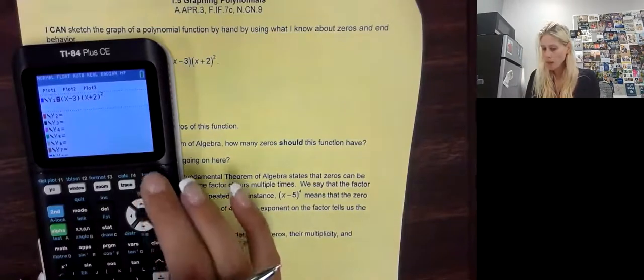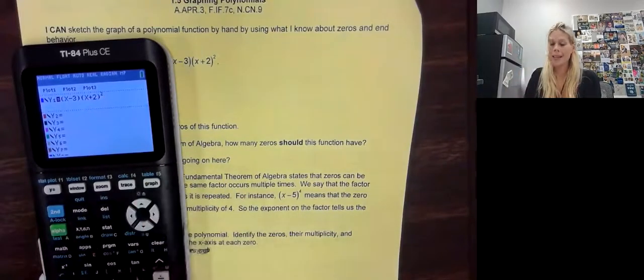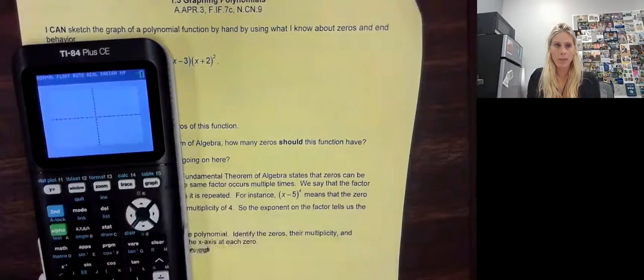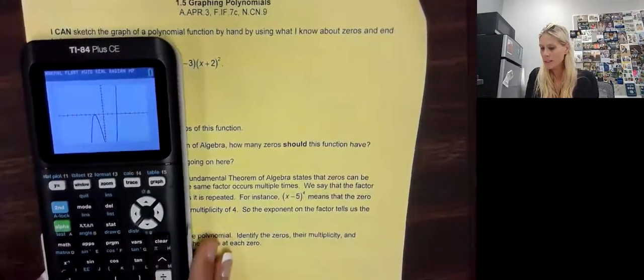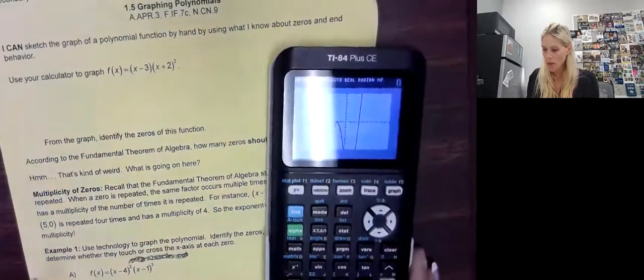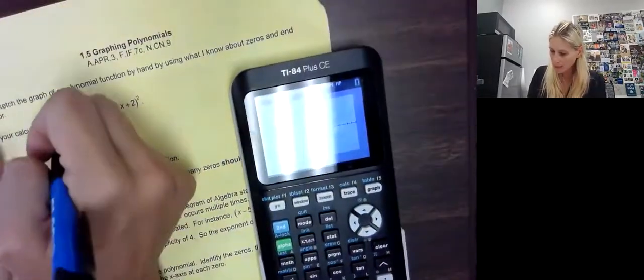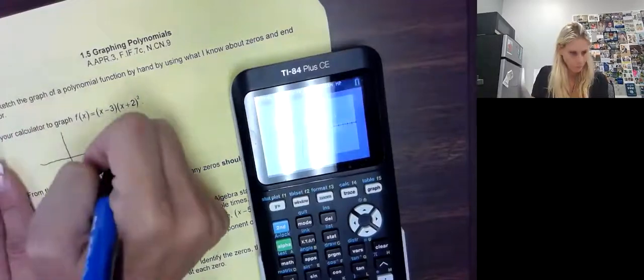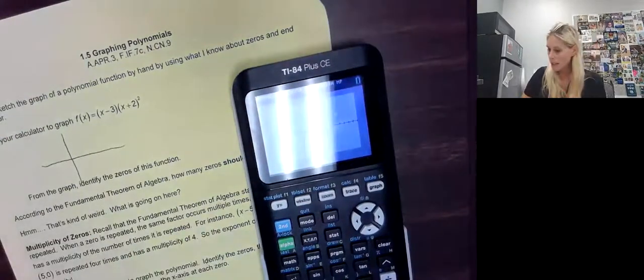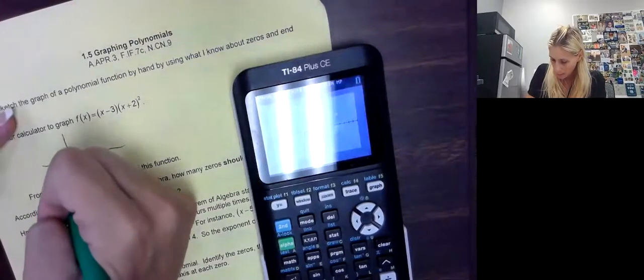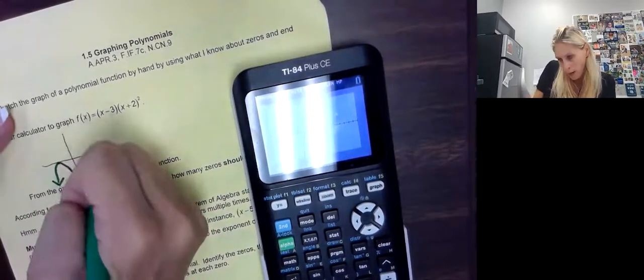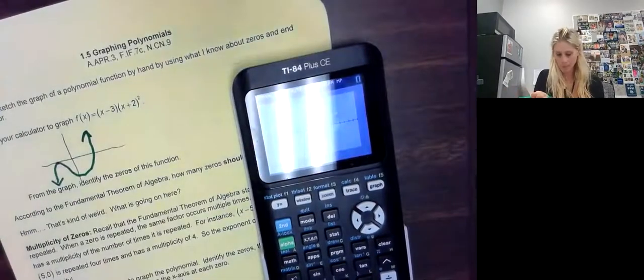Now, my window, by the way, is set to -10, so let's see if that fits. As you can see right here, that doesn't fit the total graph, but if I were to sketch it, it would look something like this, and it comes around, goes up, right?